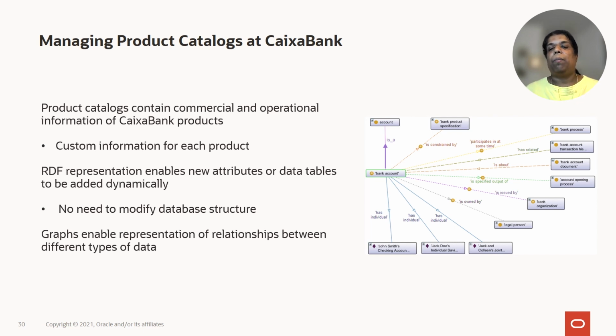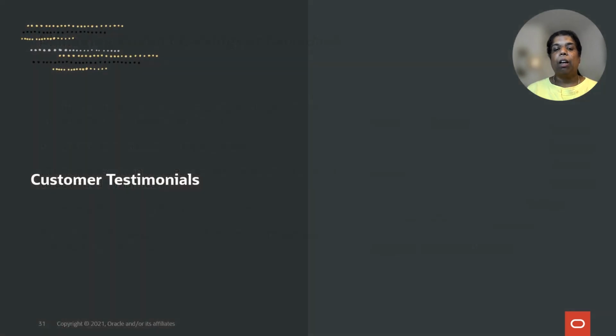They just want a flexible schema that they can easily use to generate a new product catalog from the new attributes that they have added, leveraging the relationships between these different attributes. And the RDF graph model is a really good fit for them there.